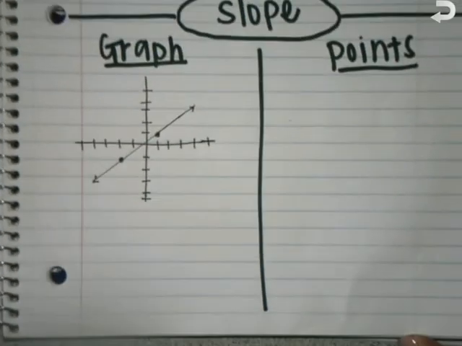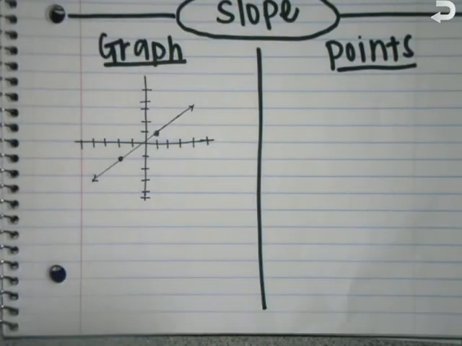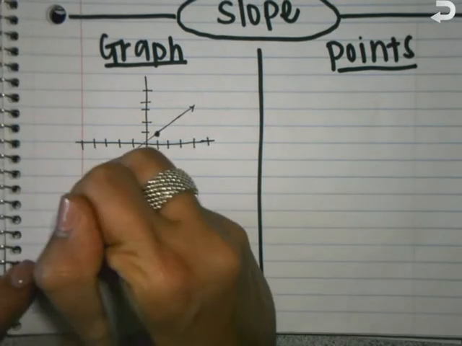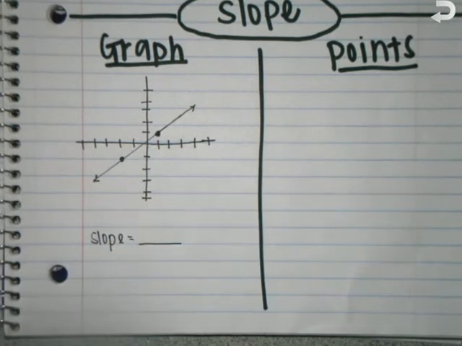So here's the graph you're going to use. Do the best that you can to sketch it in your notes. And to have us start, I'm going to write it out, slope equals rise over run. You won't have to do this every single time, but for this time I want you to.